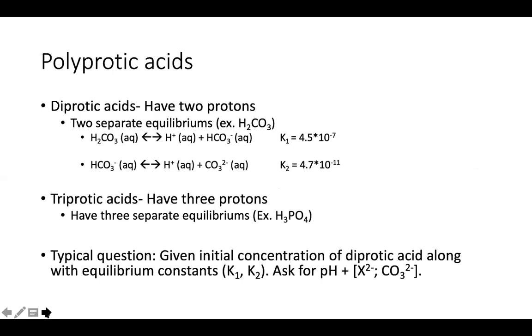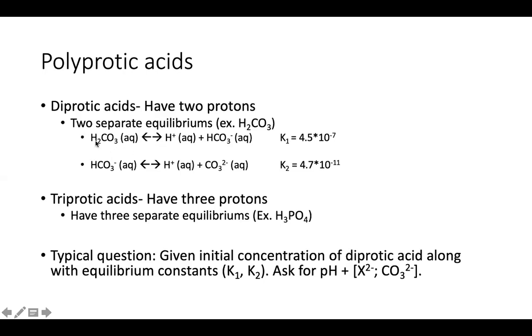Okay, here's just a slide to talk about polyprotic acids a little bit. Polyprotic acids are just acids with multiple protons. Diprotic acids have 2 protons or 2 hydrogens. Triprotic acids have 3 protons or 3 hydrogens. Just realize that these polyprotic acids have an equilibrium for each proton lost.